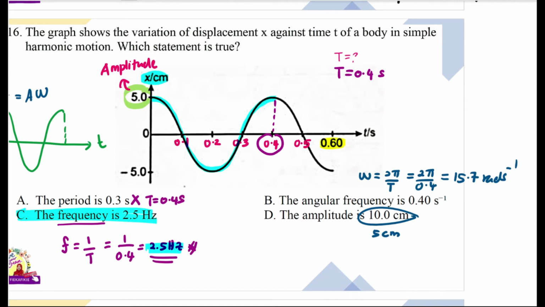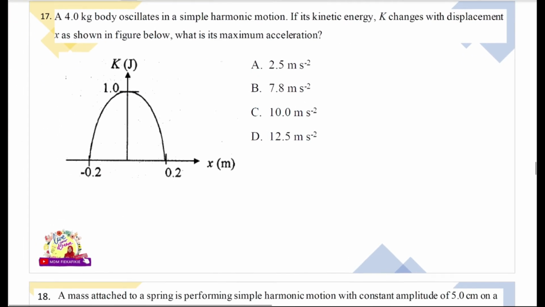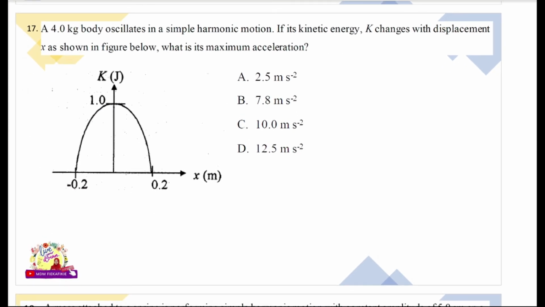So, question 17. Let's try. Okay, question 17. A 4 kg body oscillates in simple harmonic motion. If its kinetic energy K changes with displacement x as shown in the figure, what is its maximum acceleration? So this is the graph of K against x.